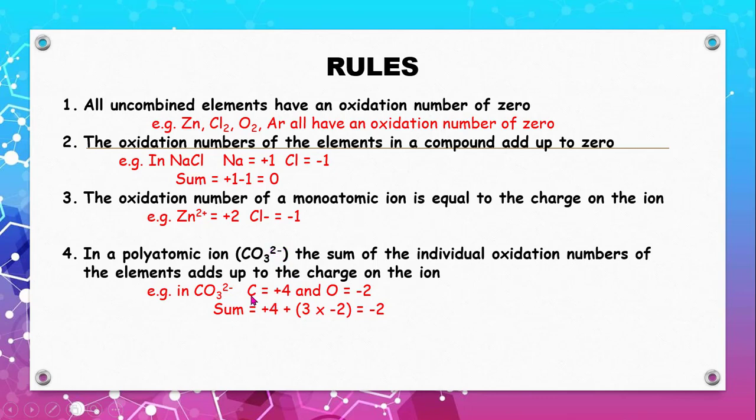Carbon will have an oxidation number of +4, and oxygen will have an oxidation number of -2. Now we have 3 oxygens here, so we have to multiply it by 3. So +4 plus 3 by -2 is going to be equal to -2, and as you see, it adds up to the charge.